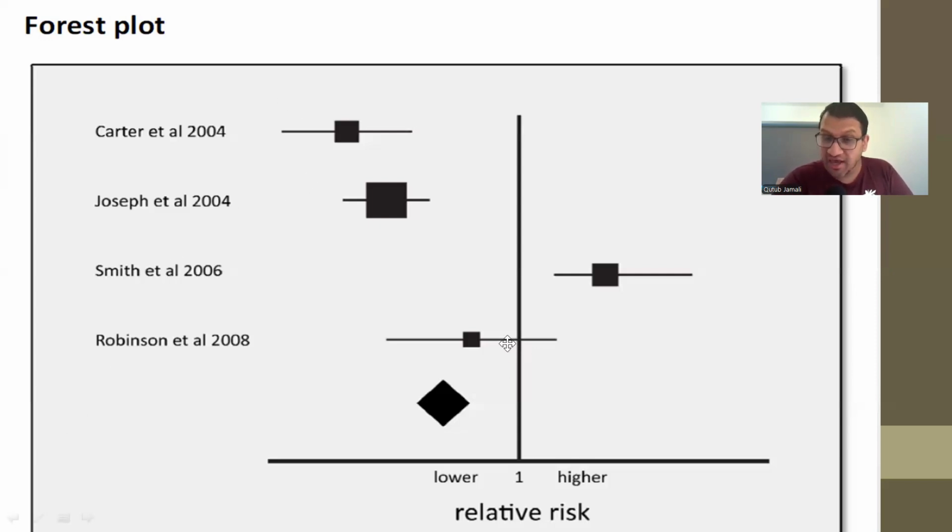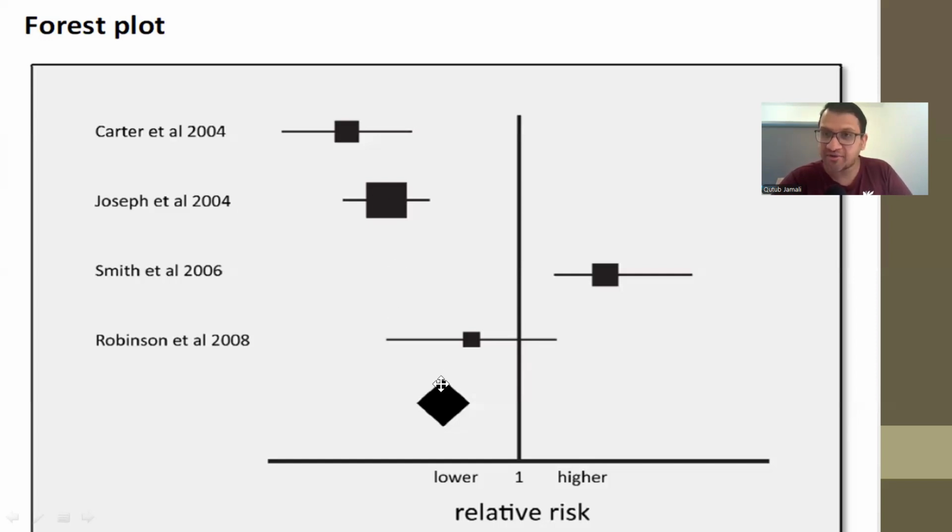So one is, if the line is crossing the value of no effect, it means that in this study the data was statistically insignificant. The bigger the square, the bigger the sample size.